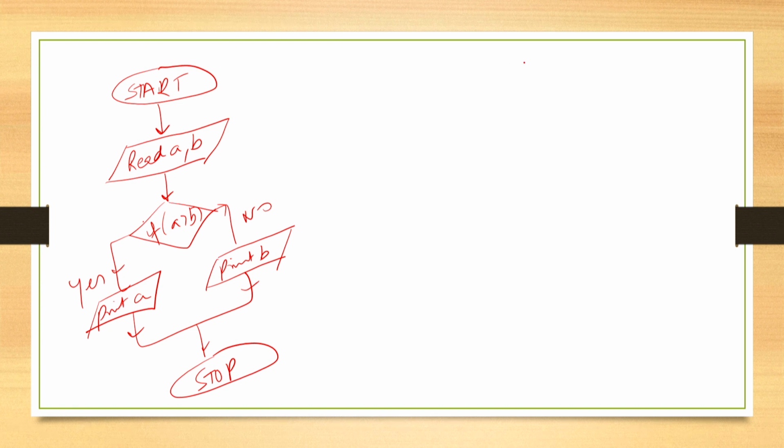What is the case in the flow chart in the case of the largest among three numbers?